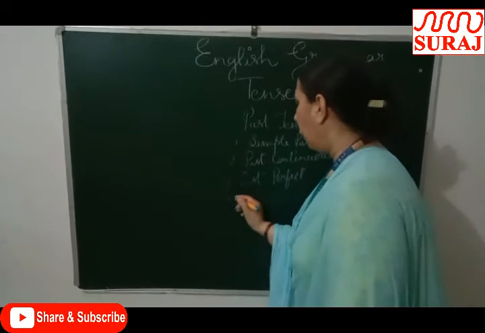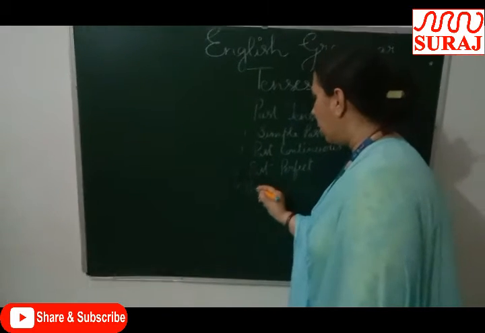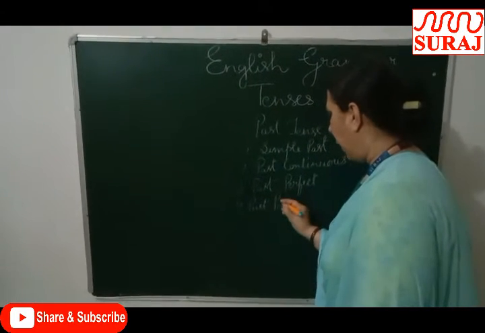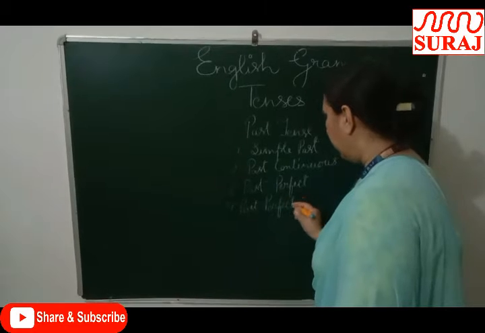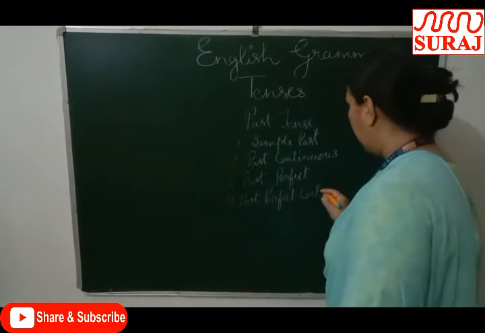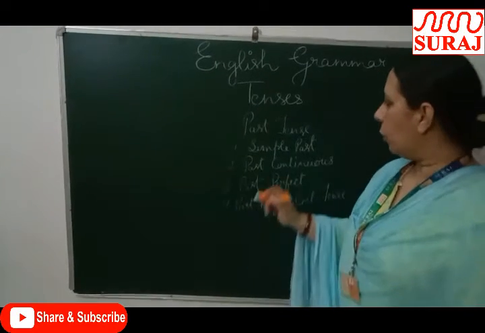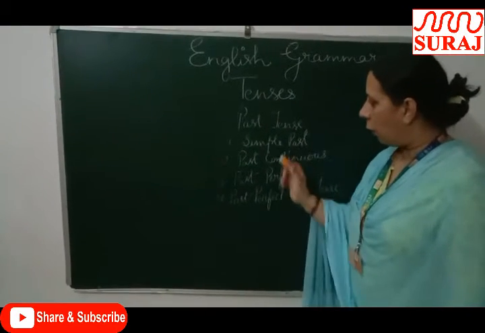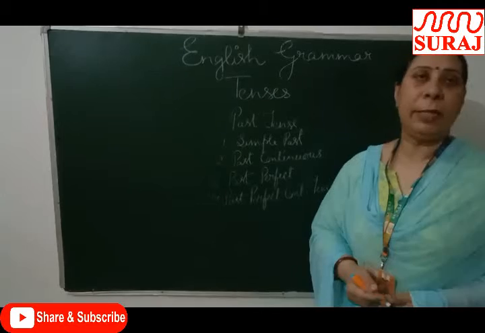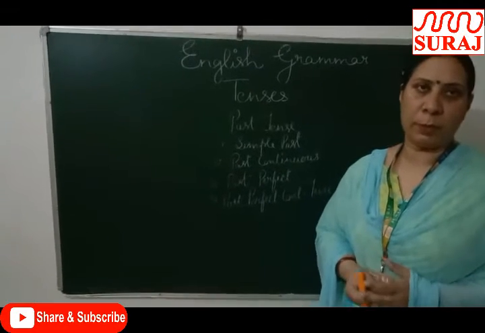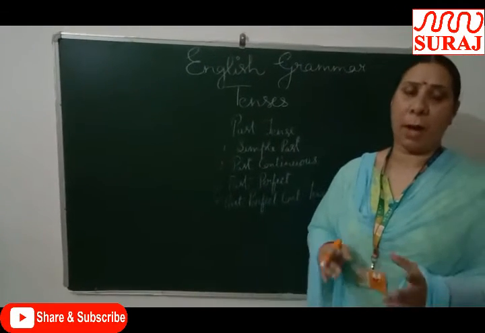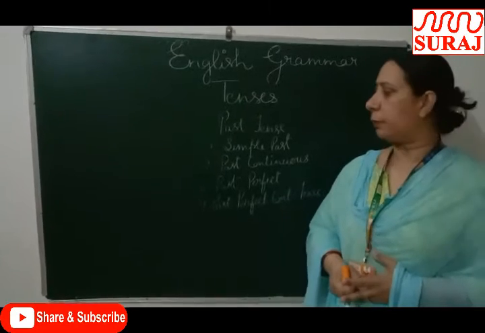And the fourth one is past perfect continuous tense. So these are the 4 subforms of past tense. Every tense has 4 subforms, whether it is the present, the past, or the future.